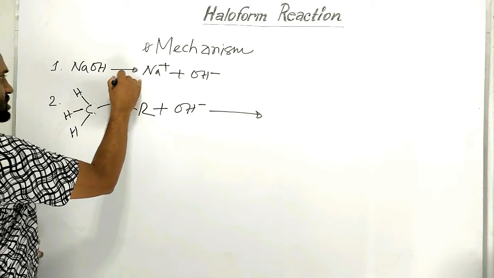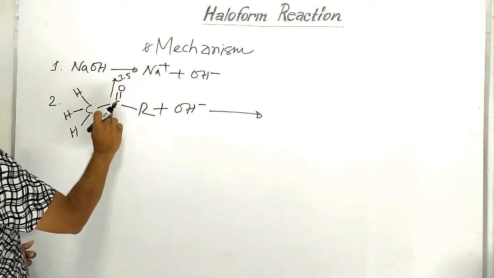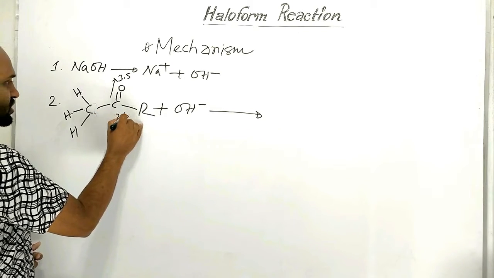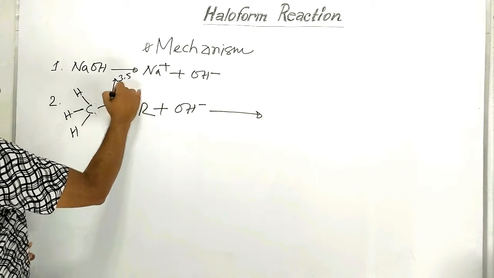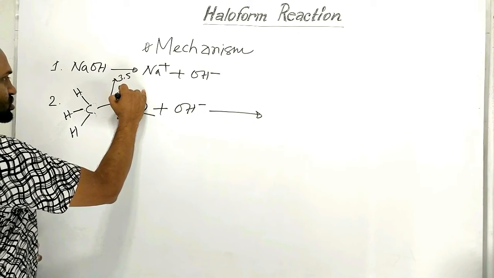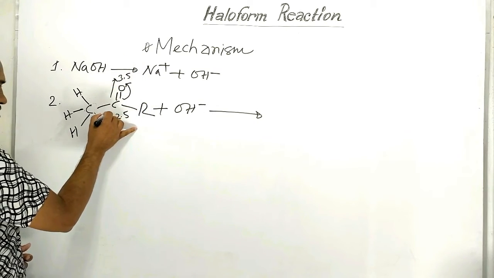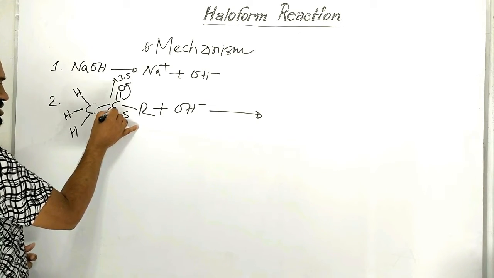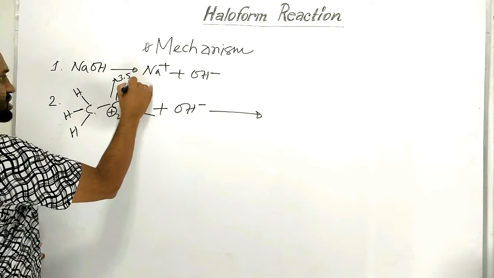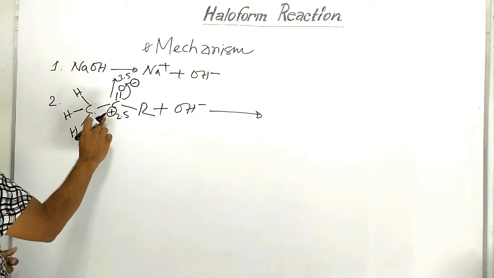Electronegativity of oxygen is 3.5, carbon is 2.5. So pi bonded electrons move towards oxygen and this carbon gets positively charged and oxygen gets negatively charged.